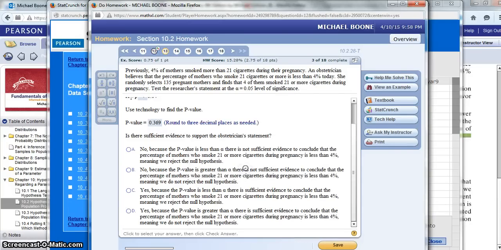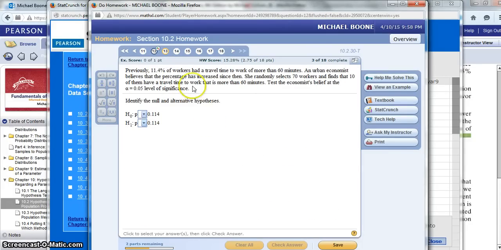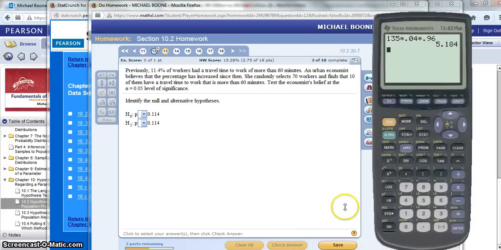13 was another one they had issue with. Let's see if it's possibly the same thing. Here's our percentage. Here's our sample size of 70. My percentage is 0.114 times 1 minus that. I'll have to write this one out. 1 minus 0.114. Let's see if we get, yeah, I see we don't get greater than or equal to 10.